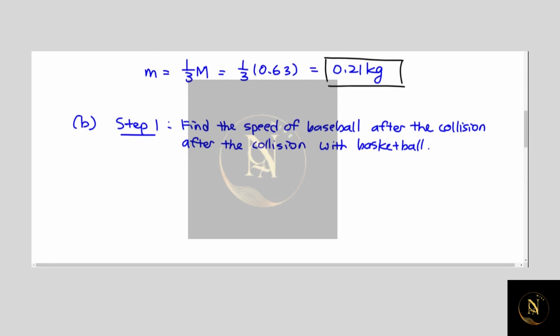We'll be using the equation for elastic collisions: V2F is equal to 2m1 divided by (m1 plus m2) times v1I, plus (m2 minus m1) divided by (m1 plus m2) times v2I.